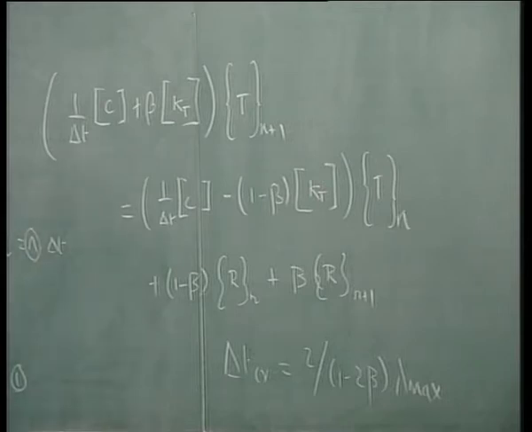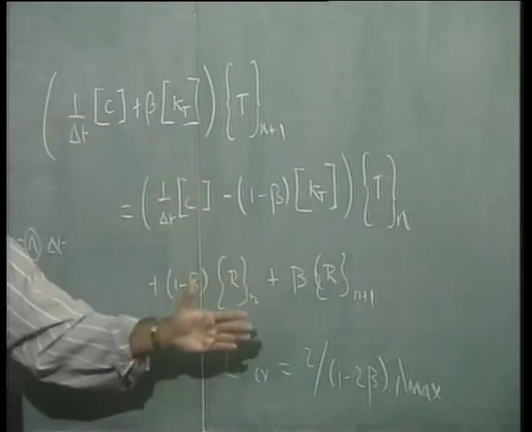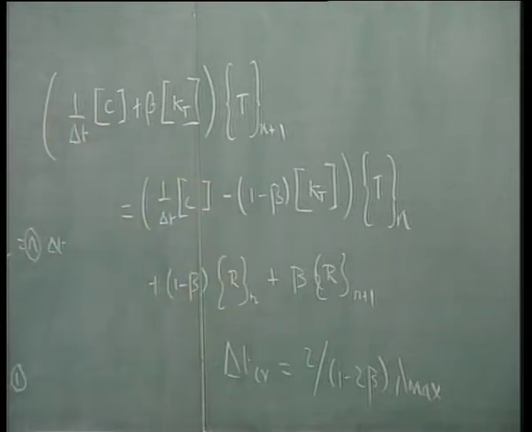For the time being, let us assume that the thermal properties are constant. It can vary with time, then you have to go to some nonlinear aspects and all that. Let us not worry about it right now, but let us just look at it. Can you comment on this equation? In other words, this is essentially a simultaneous equation, that is all.